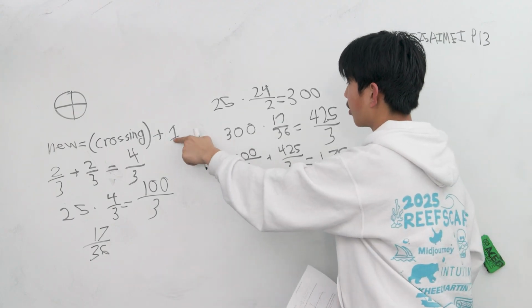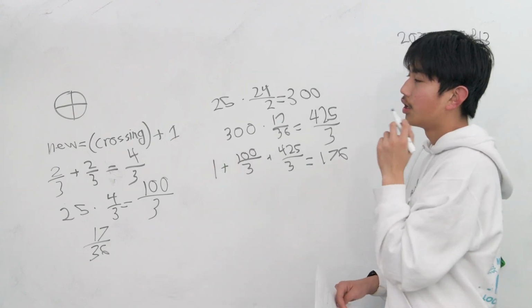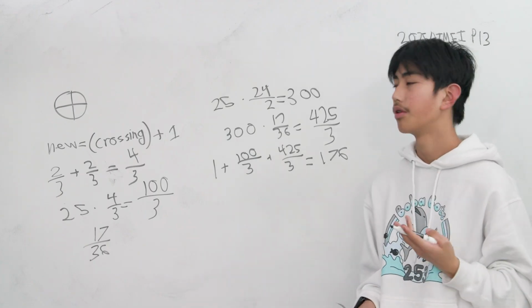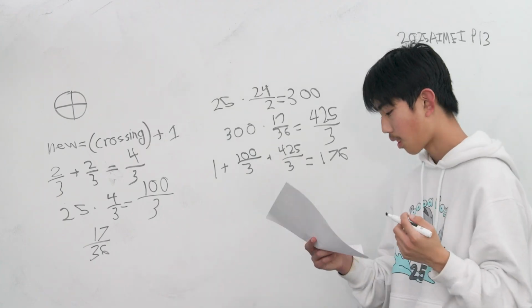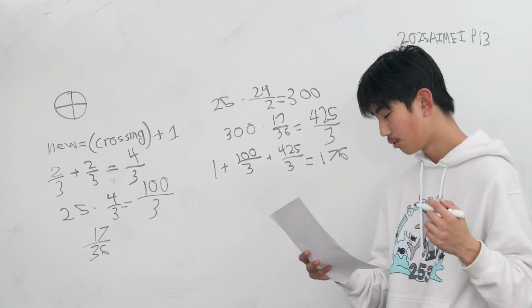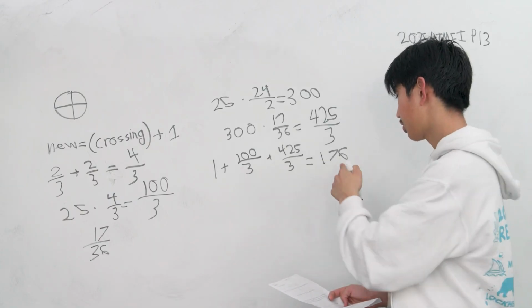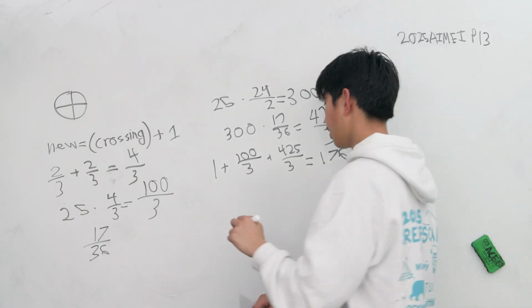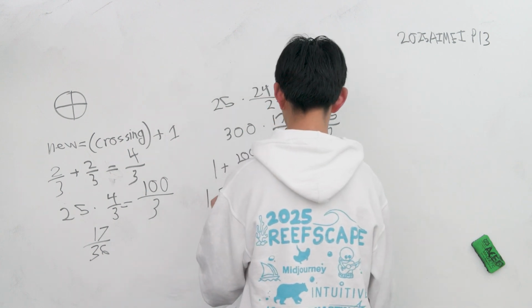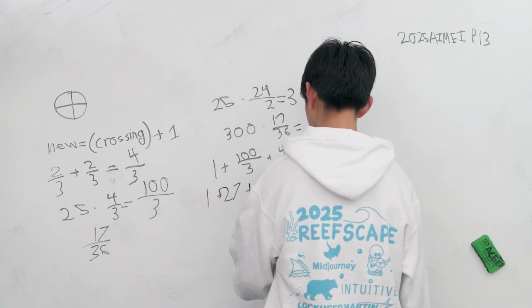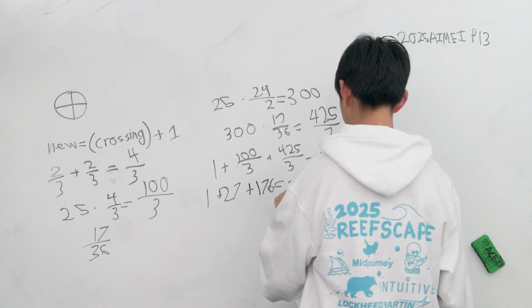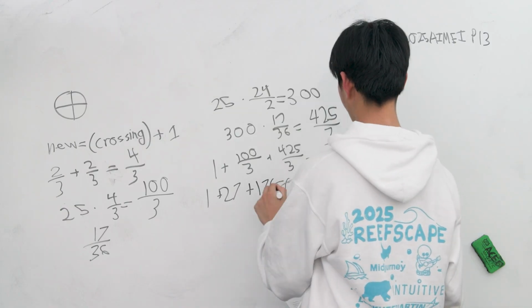We just add 1 here because that's what we found out earlier. So we have to add the 27 regions made by the diameters and line segments to this, and then add the 1. So 1 plus 27 plus 176 is our answer of 204, and we are done.